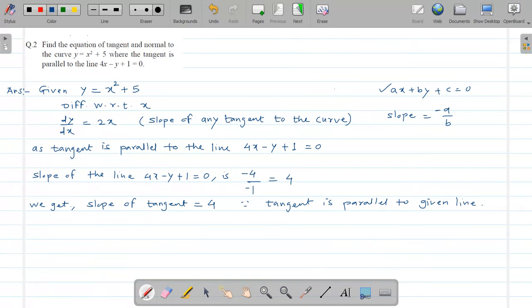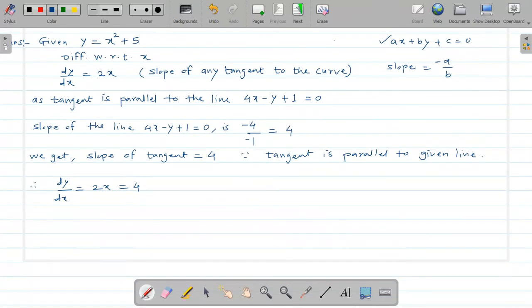Now dy by dx means the slope of any tangent. Now we require the equation of the tangent. So for that, this dy by dx is equal to 4. If we compare this, dy by dx is equal to 2x and it is also equal to 4 for that particular tangent.